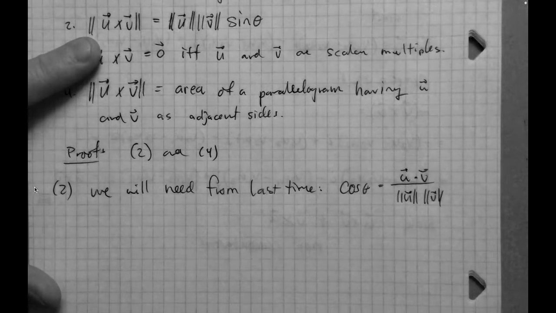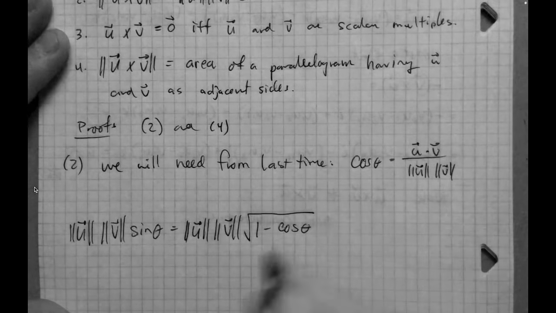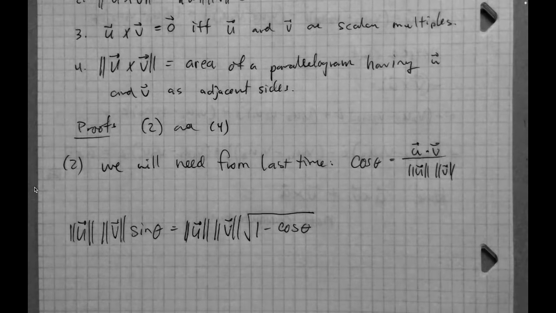Well, since this is trigonometry, we can pull in some identities. What's going to be useful here is the Pythagorean identity. So we know sine squared theta plus cosine squared theta is equal to 1. And so sine theta is equal to the square root of 1 minus cosine squared theta.